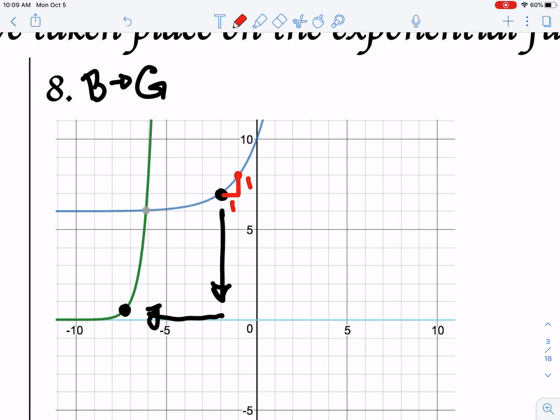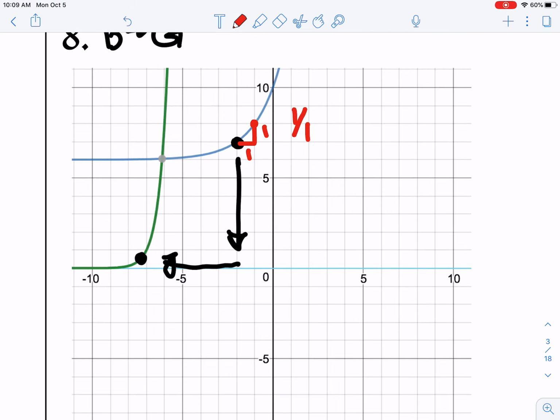So over 1, up 1 has a slope, change in y over change in x. Now if I go over 1 here, then I go up all the way until it hits the graph, which is right there. I want to roughly find this distance, which is 1, 2, 3, 4, 5, 6 and a half.